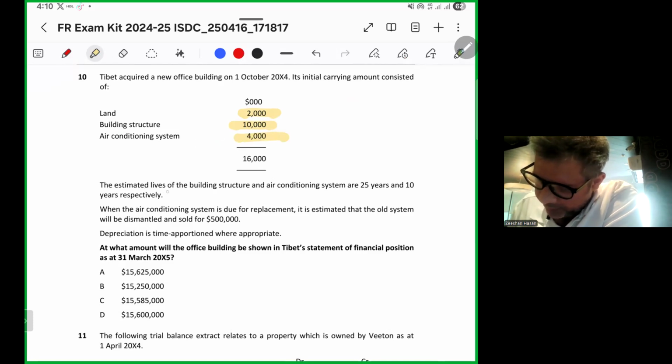The estimated lives of the building structure and air conditioning system are 25 years and 10 years respectively. When the air conditioning system is due for replacement, it is estimated that the old system will be dismantled and sold for 500,000. Depreciation is time apportioned where appropriate. Okay. At what amount will the office building be shown in Tibet's statement of financial position as at 31st March?